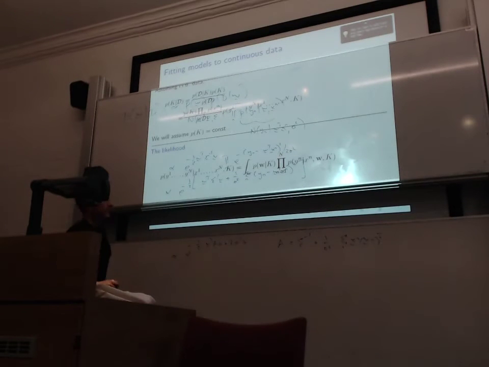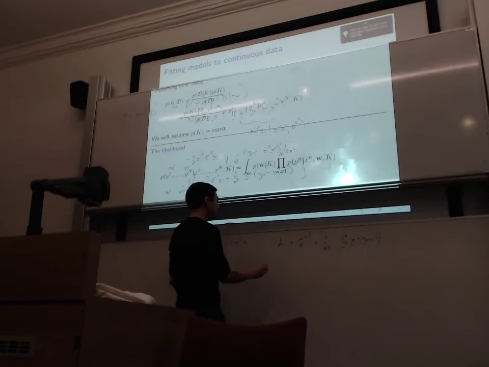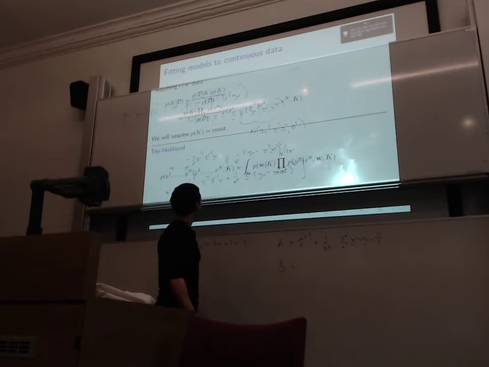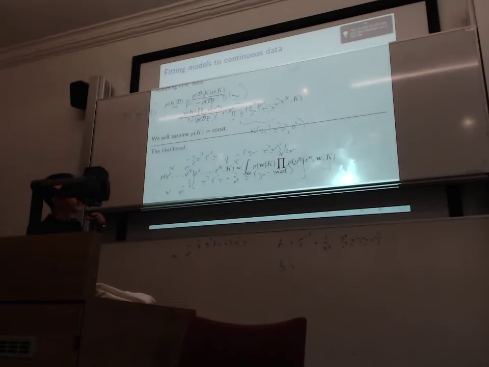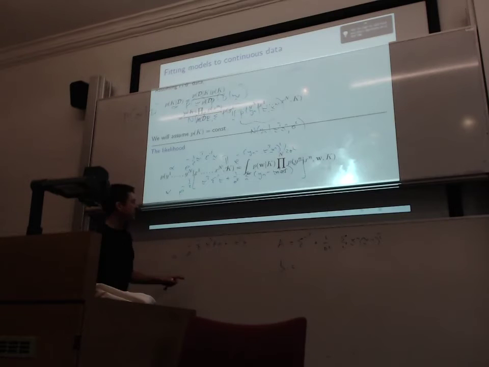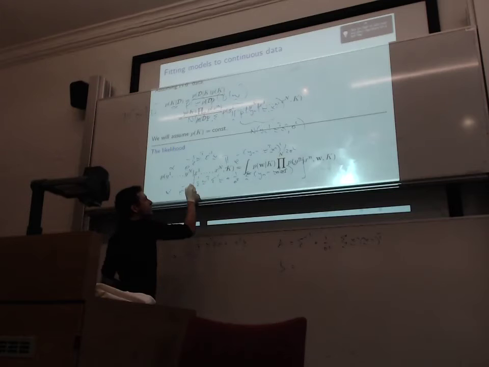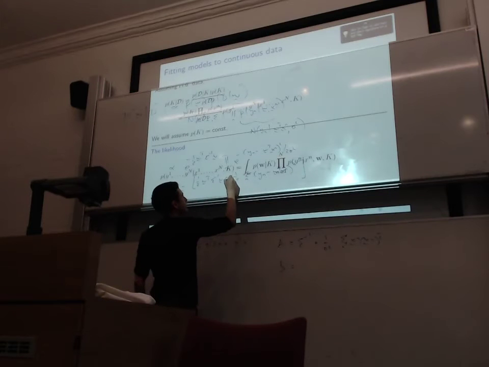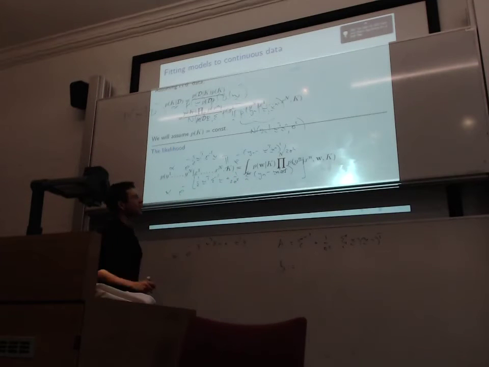All right, so that's A, and then the vector B will be similarly given by the linear contribution. We want just the linear contribution in this exponent. So what is the linear term?